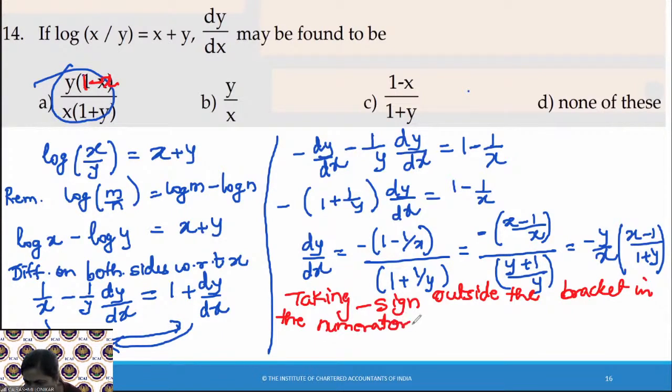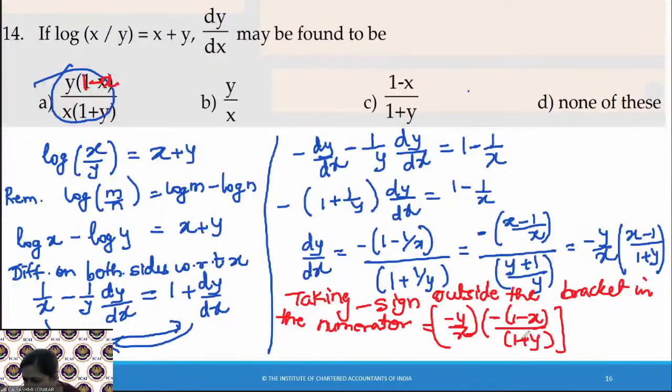This is equal to minus y by x. So if I take this minus sign, this will be minus y by x, and here it will be minus of 1 minus x upon 1 plus y.